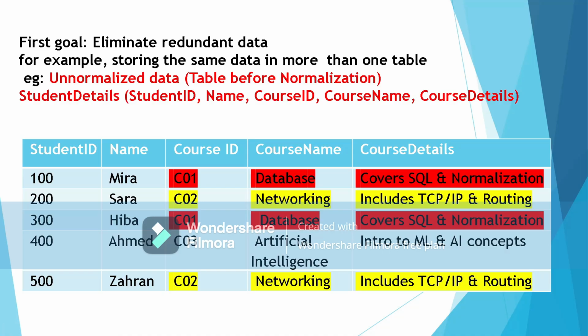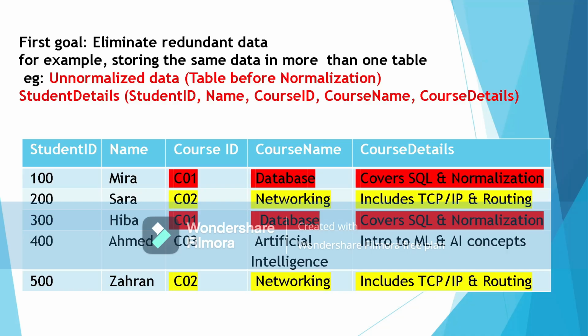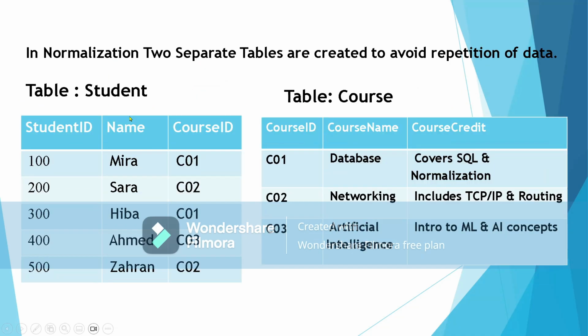So by using the normalization, we can eliminate this redundant data by decomposing the table. By decomposing the table means dividing the table into two sub tables. So we can see this student details table can be divided into two tables.